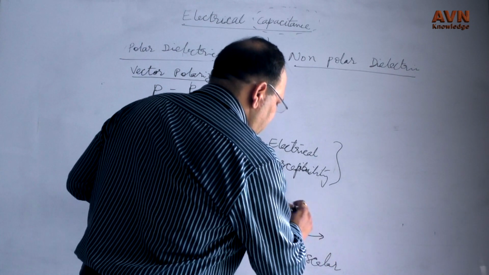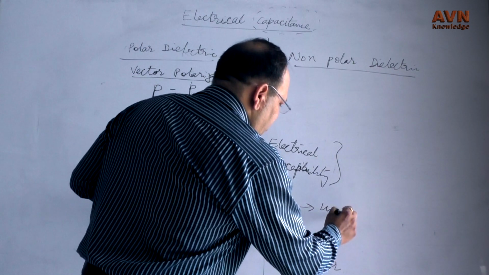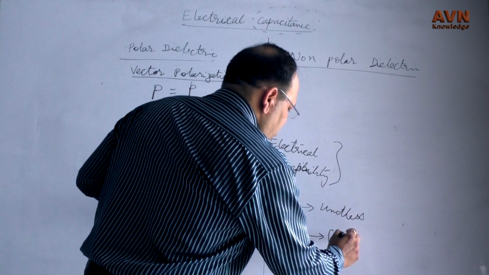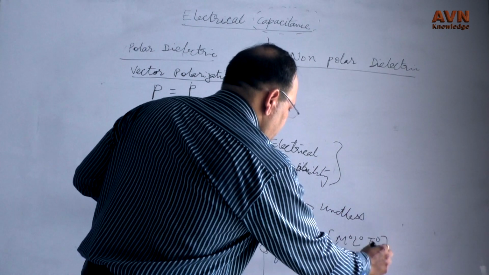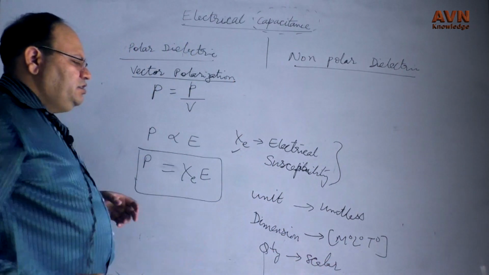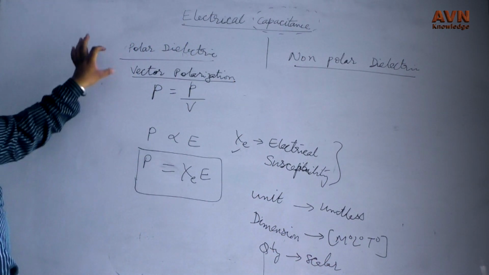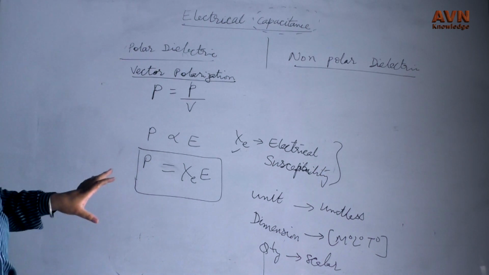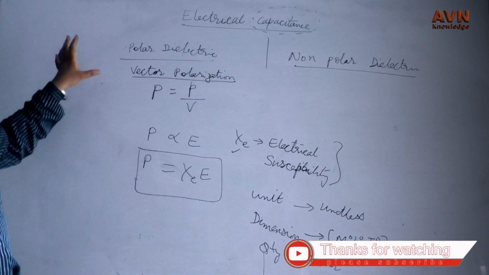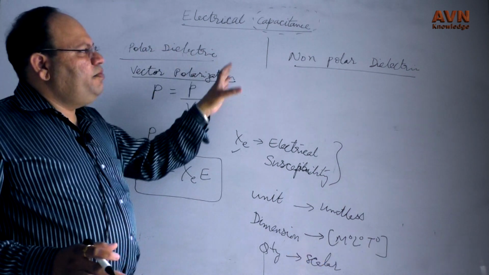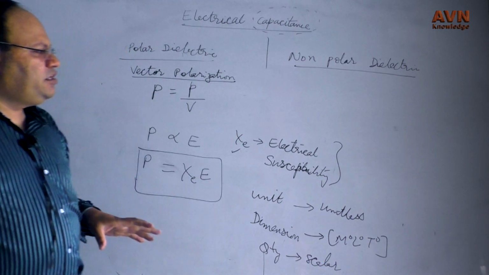Dimension is dimensionless and unitless, so the dimension will be M naught, L naught, T naught. So chi here is a constant, a dimensionless quantity, and P is the vector polarization. So this is the basic difference between non-polar dielectric and polar dielectric substances.